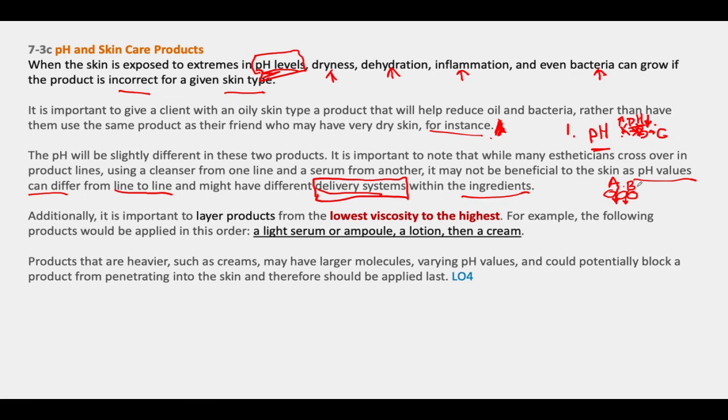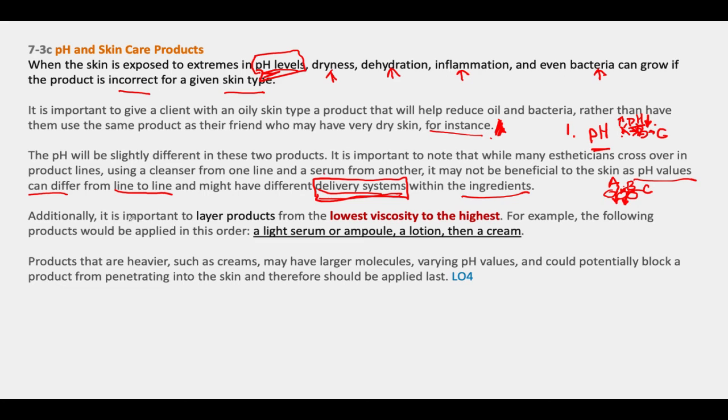When B comes in, it will then also protect it by allowing the product to go in, and then product C may close it up. But if you don't use this series, then that delivery system within the ingredients may not work out properly.